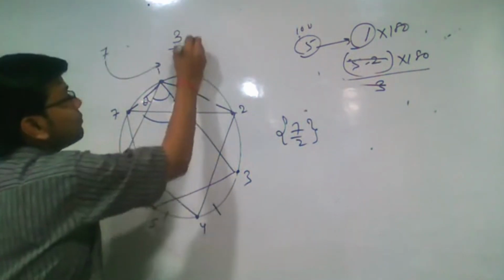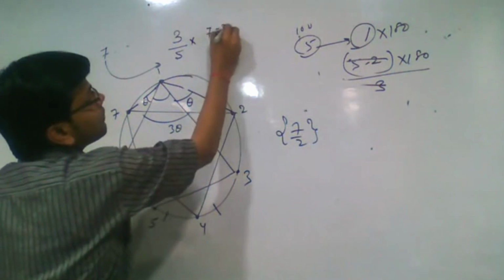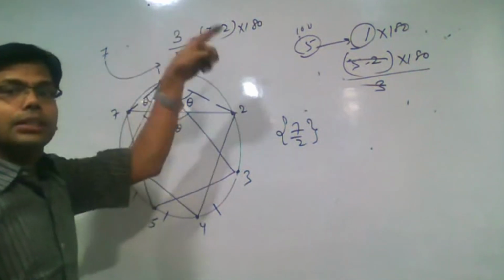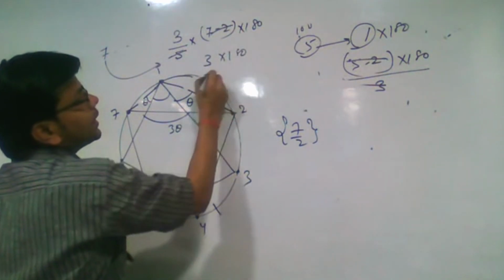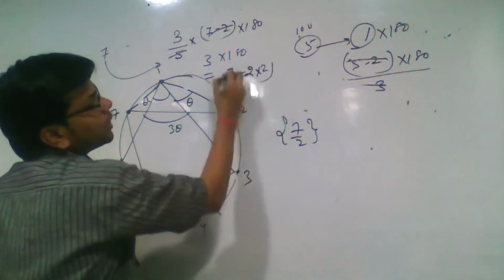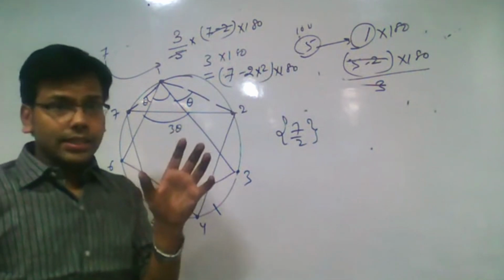The summation of the polygon having a 7-sided figure is 7 minus 2 into 180 degrees, and for the star it is 3/5 of this value. Cancelling out, that is 3 into 180, which is nothing but 7 minus 4 into 180 degrees. So we can generate a formula.